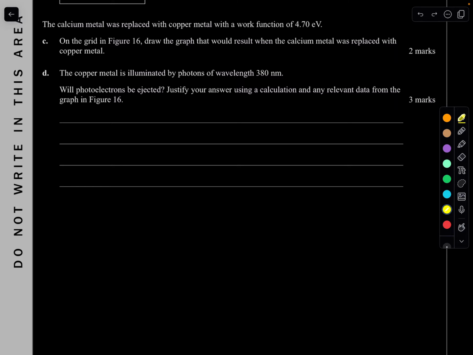Energy of photons, because we're given the wavelength, is hc over wavelength. So it's 4.14 times 10 to the negative 15 times your speed of light, 3.0 times 10 to the power 8, over your wavelength, which is 380 times 10 to the negative 9.